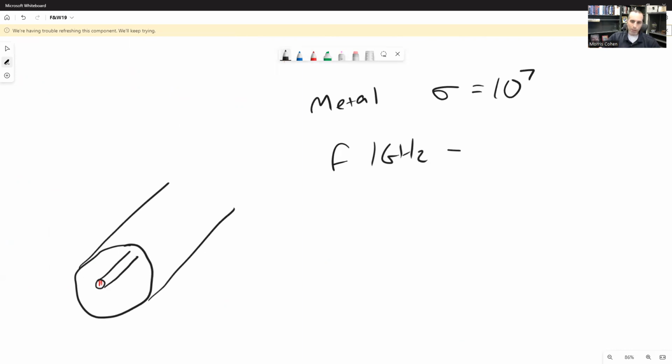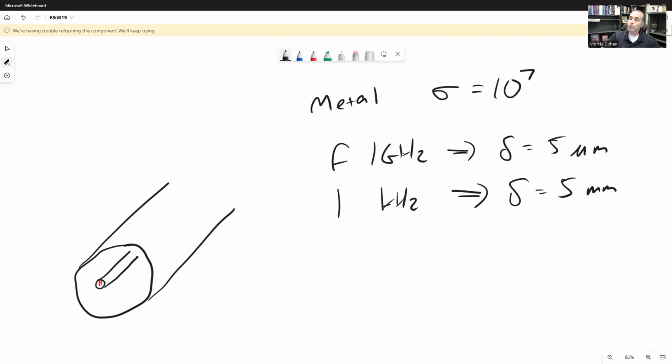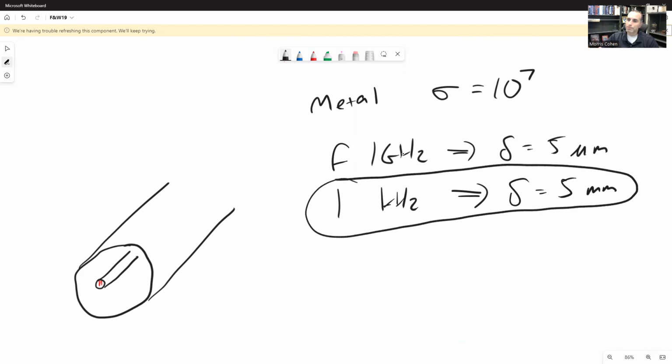At a frequency of 1 gigahertz, the skin depth is about 5 micrometers, right? If you go down all the way to 1 kilohertz, however, it's higher. It's more like 5 millimeters instead of micrometers. So you start to get a little bit of noticeable penetration into a metal if you are at especially low frequencies.